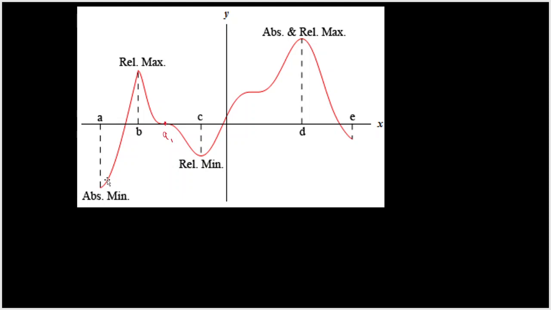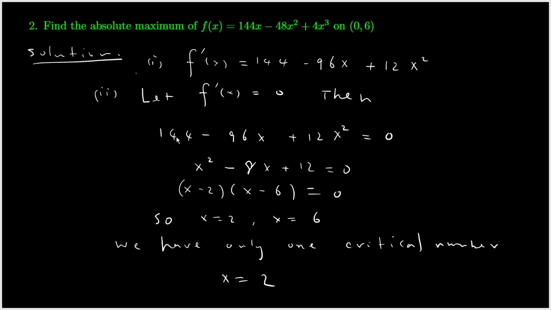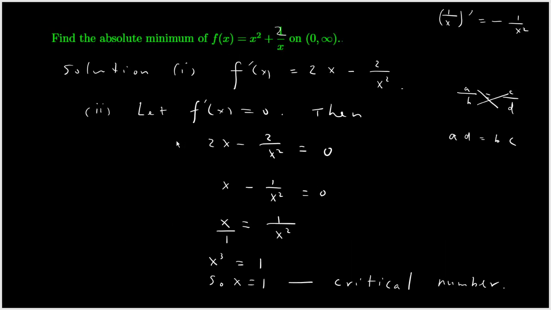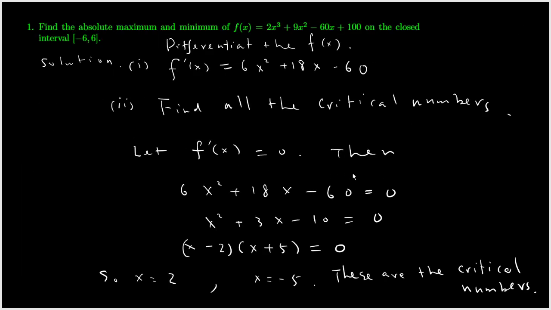The two endpoints, right? If you look at that graph, this function has the absolute minimum at a. So in this case, you have two other possible locations. You got it right earlier. You have negative 6 and 6.